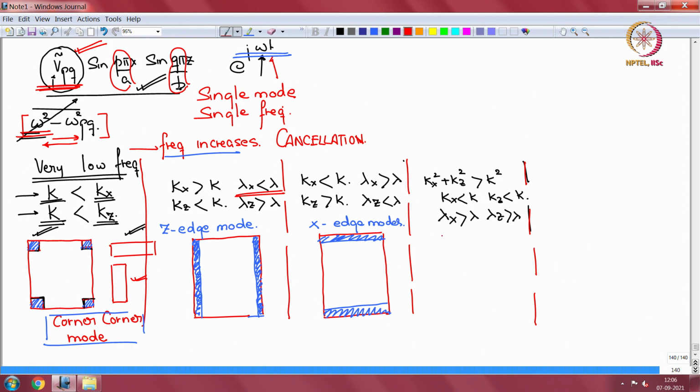So what happens here? Here we will get double edge modes. We get an edge here, here, here, and here that are radiating. These are called double edge modes or XZ edge modes.